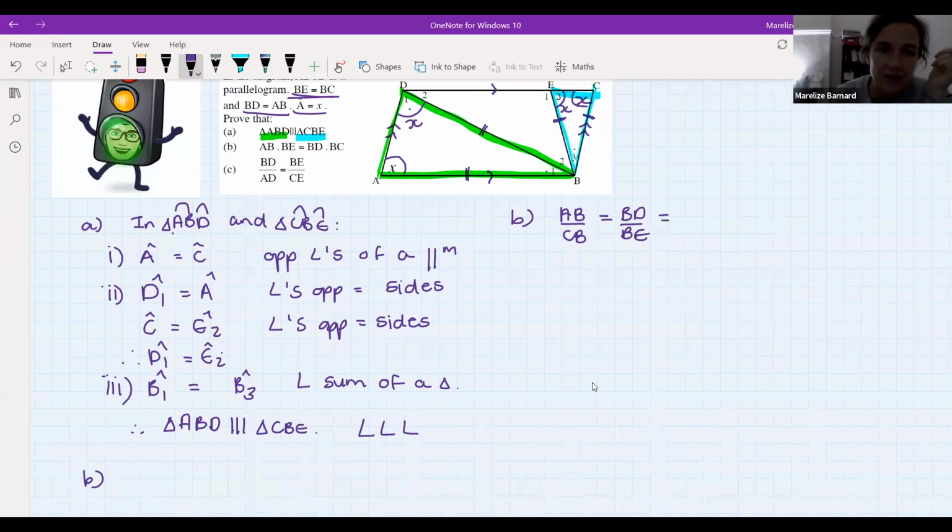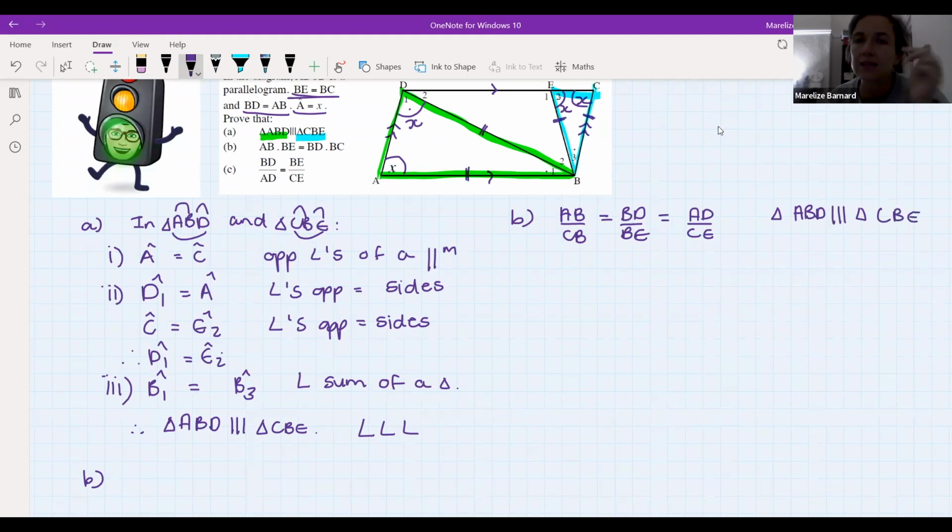The next set of sides, AD, so you make the little mouth there, to CE. And for this, you need a reason. The reason is that triangle ABD is similar to triangle CBE. No other reason. It's the fact that the triangles are similar. That's why you've got the sides that are in proportion.